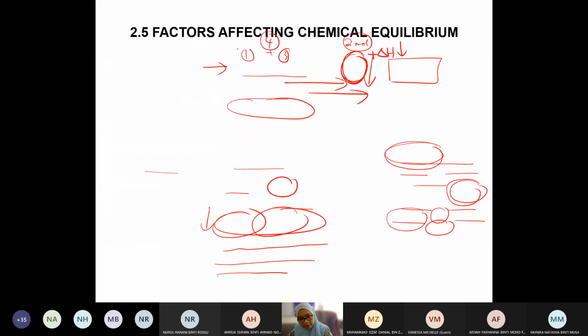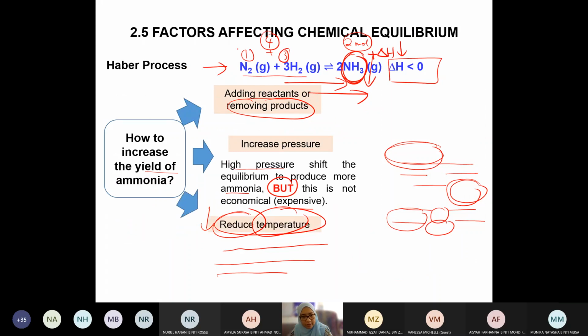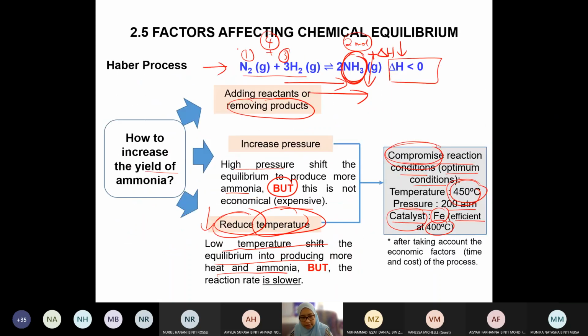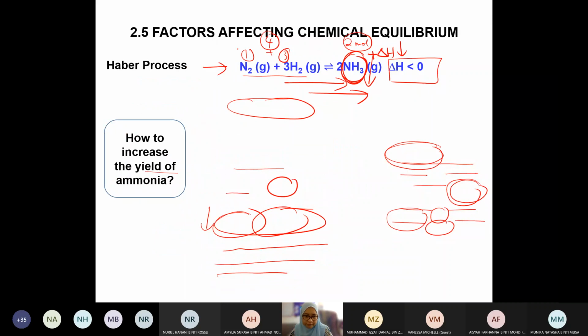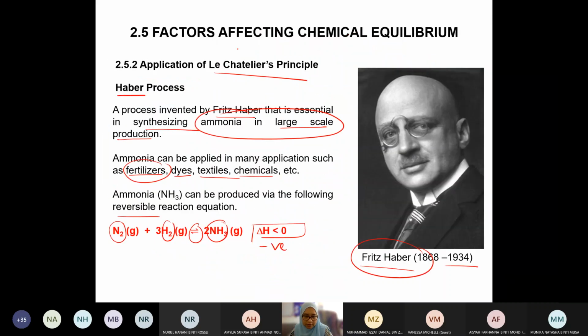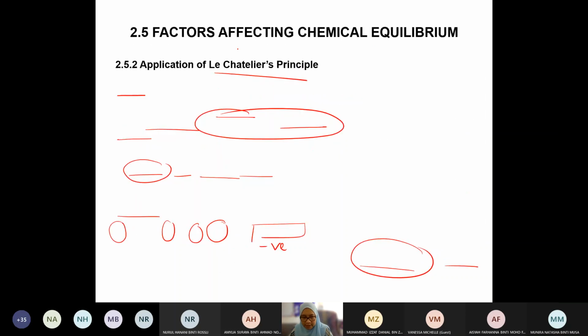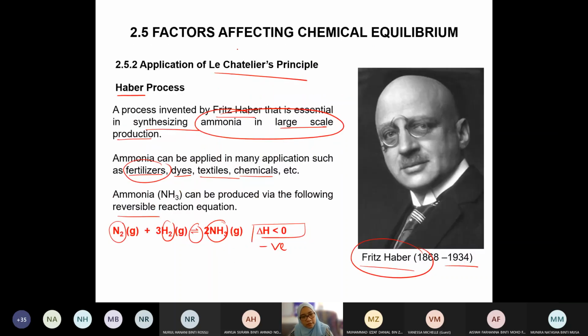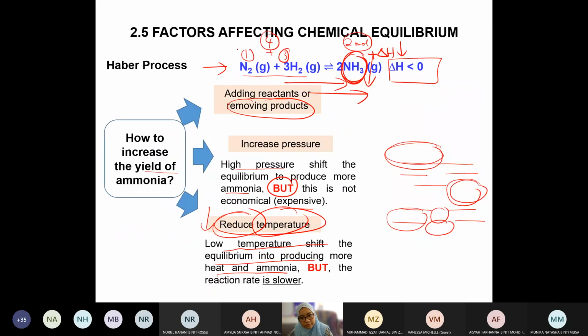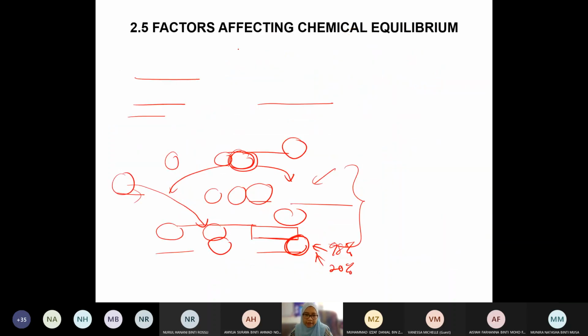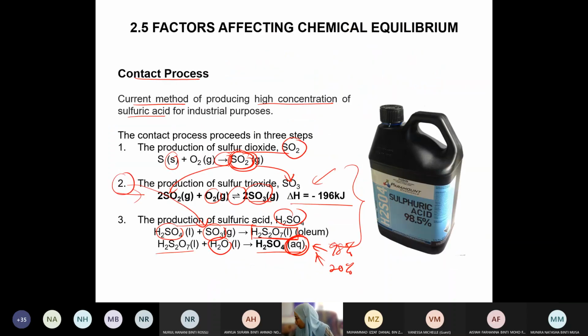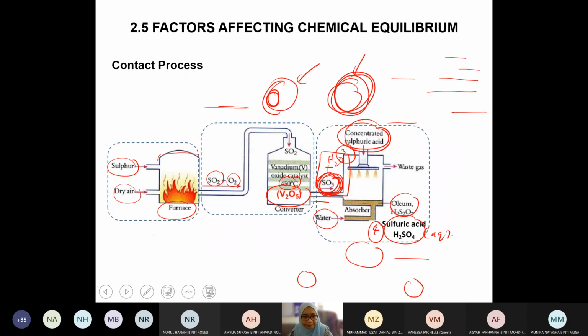Dia kena specify tapi tak cakap. Tak apalah. Tak ada. Iron je. Okay, tak apa. Iron.